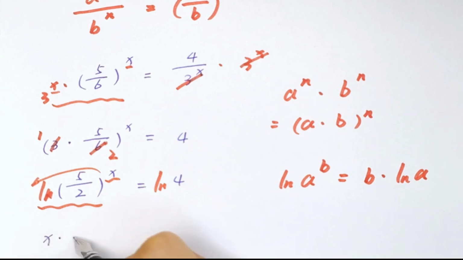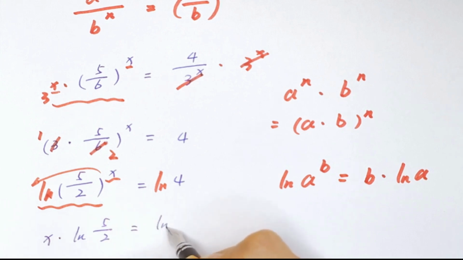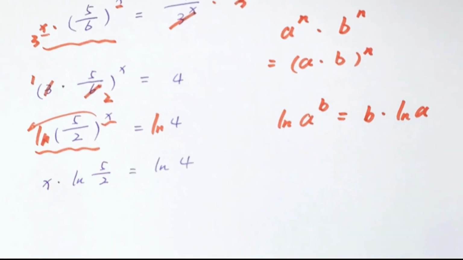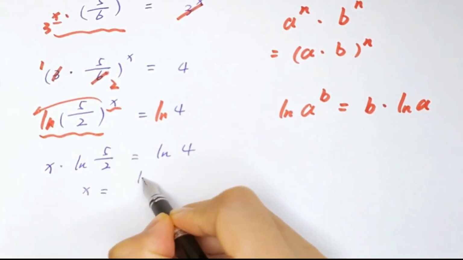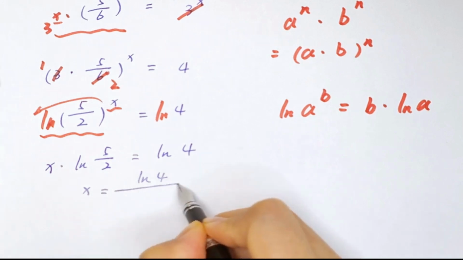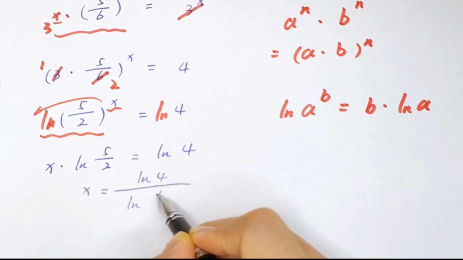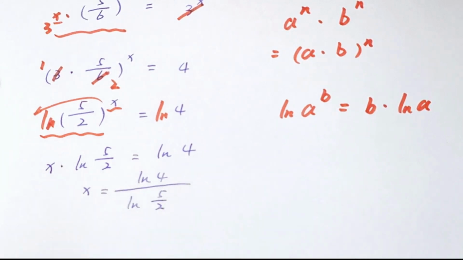x times ln 5 over 2 equals ln 4. So x equals ln 4 divided by ln 5 over 2.